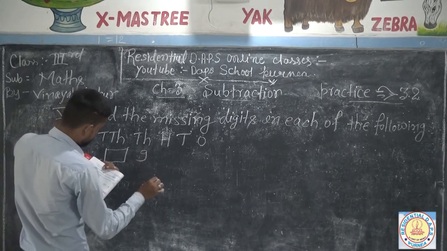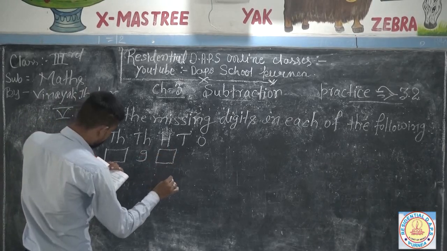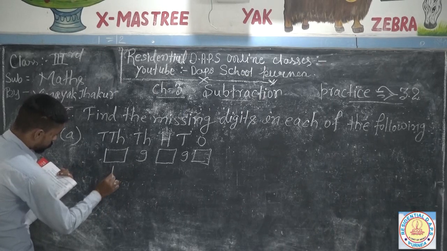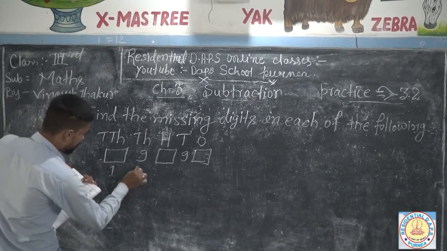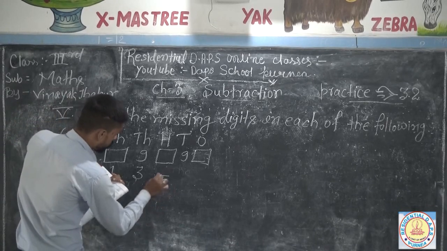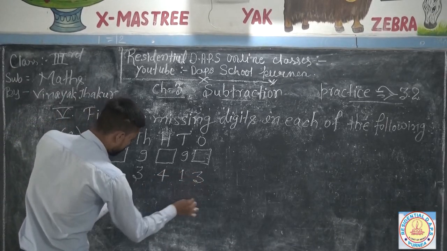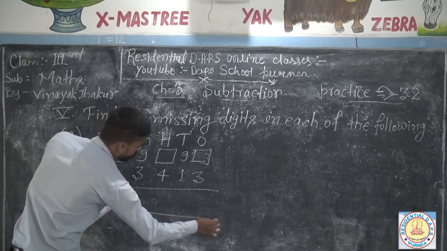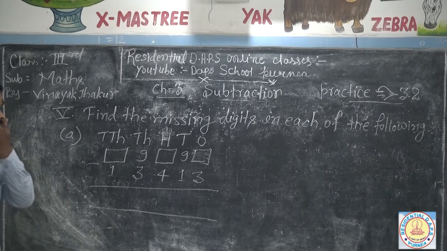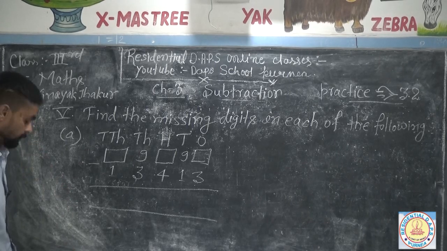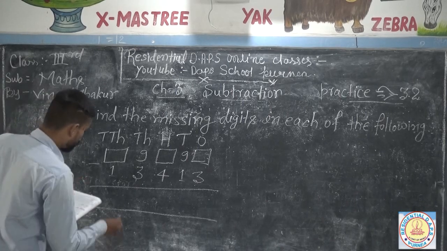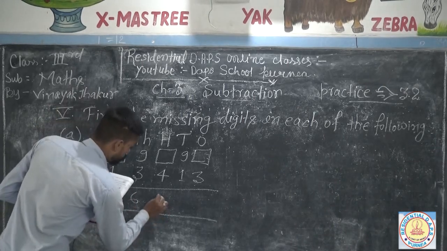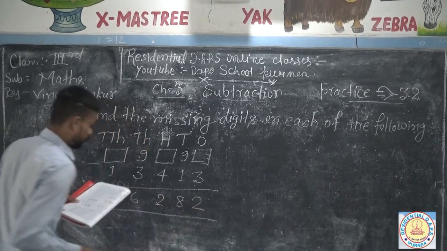First 9, then box 9, then box 1, 3, 4 1 3, and your difference is 4 6 2 8 2.